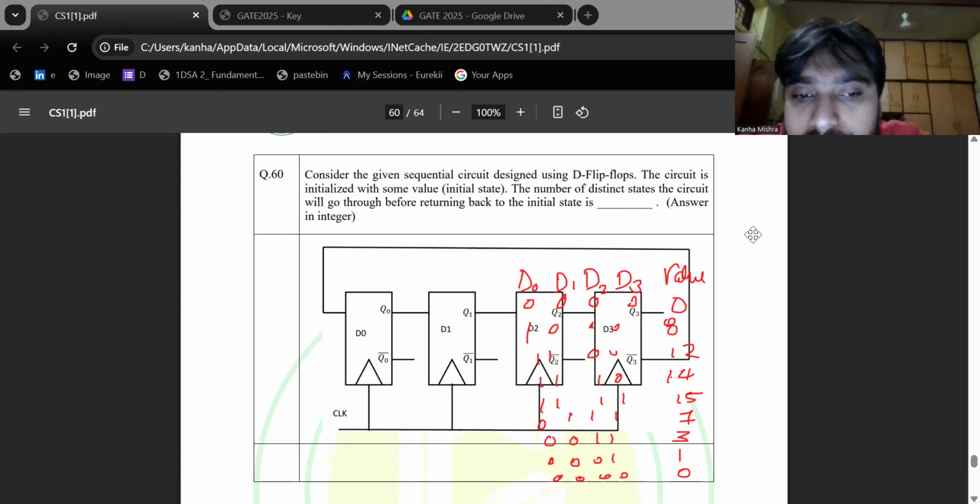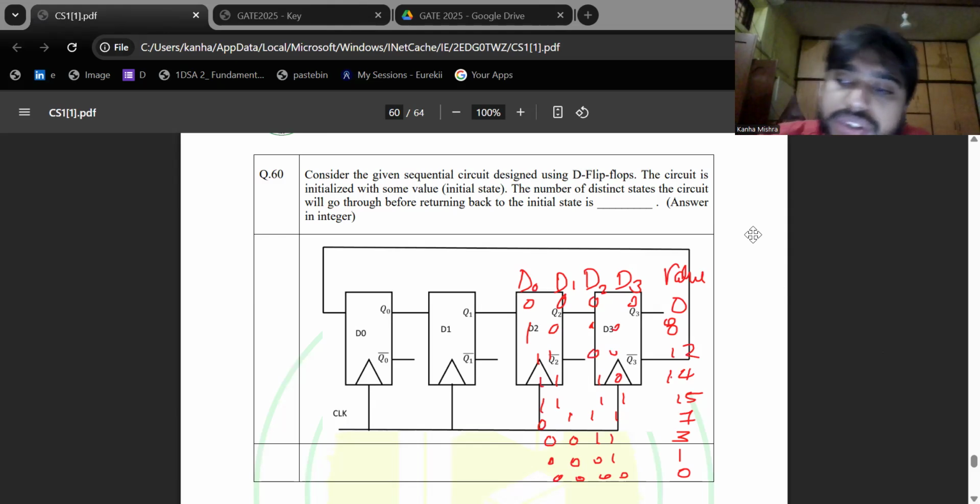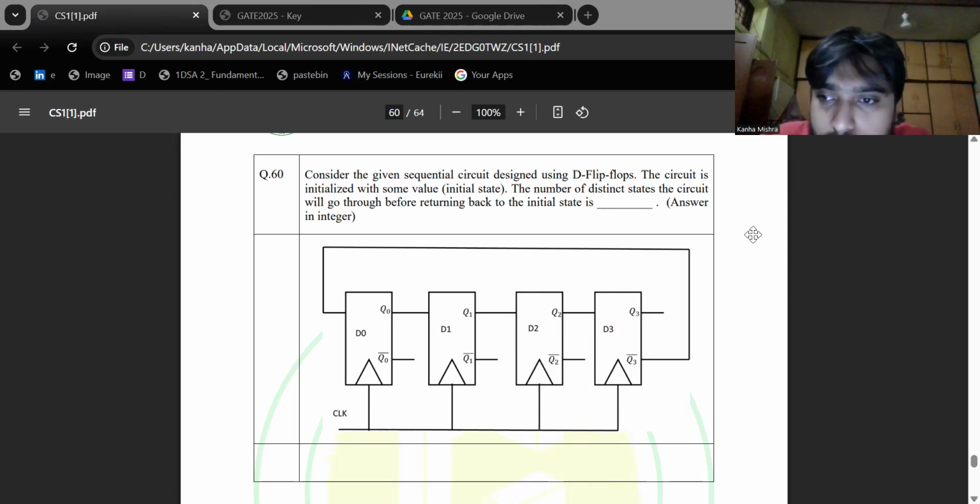is 8 basically. Let's assume some initial value and go on. So if I assume one, then D0, D1, D2, D3, and value.